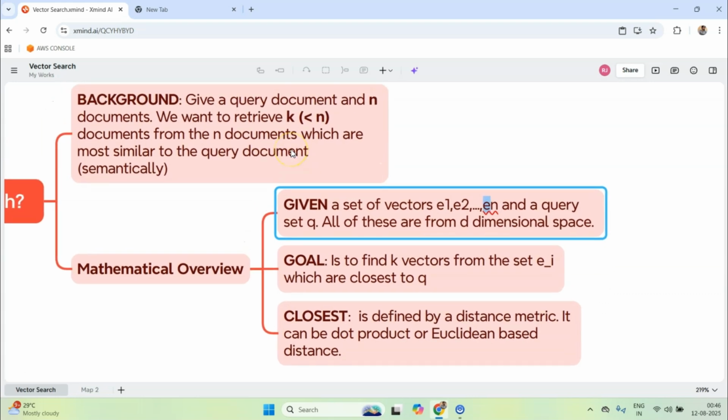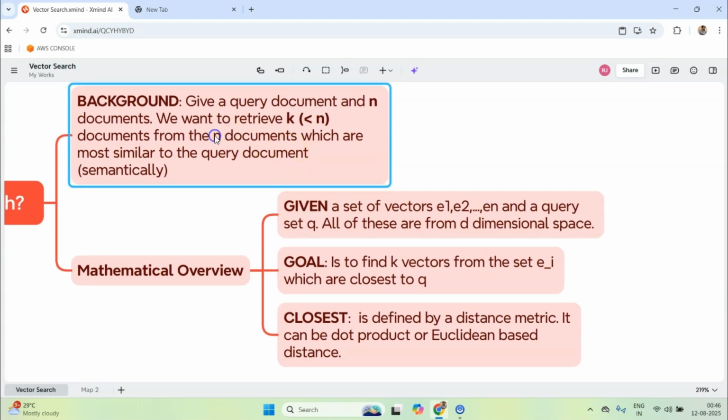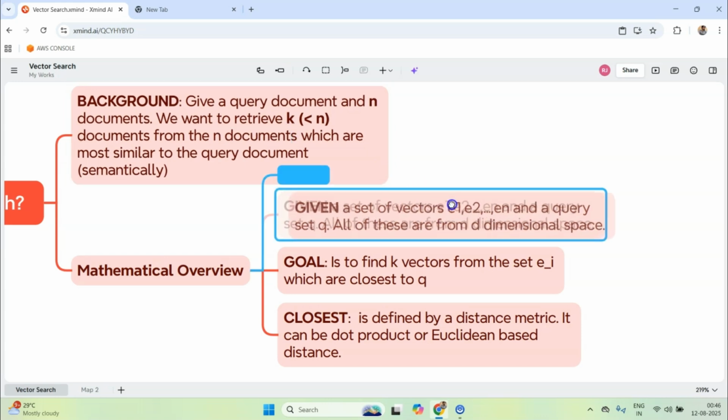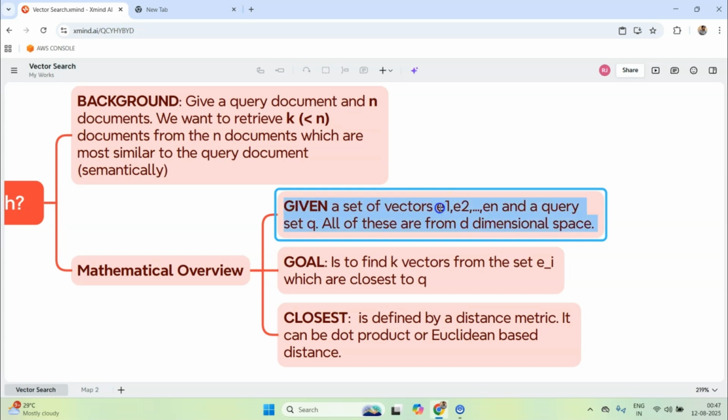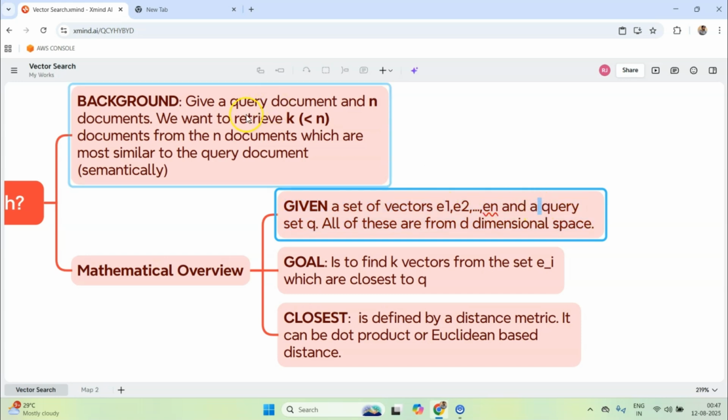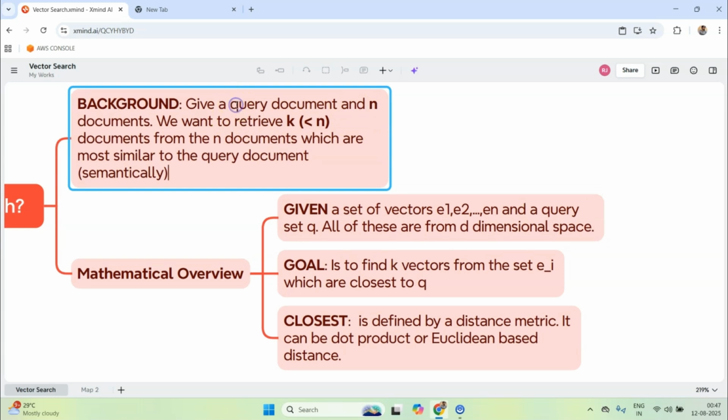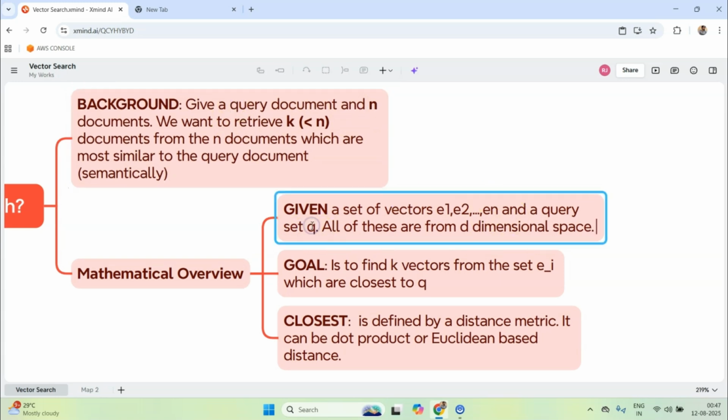So you can think of converting these n documents into n vector representations. Now how do we convert them? We will come back to that discussion in a moment, but assume that we have these n vectors and a query vector. So suppose we also converted this query document into a query vector, and that is q.